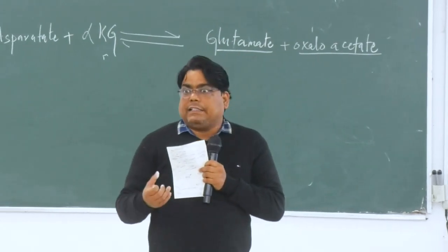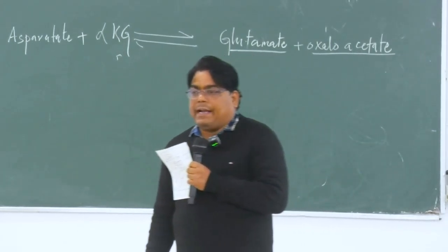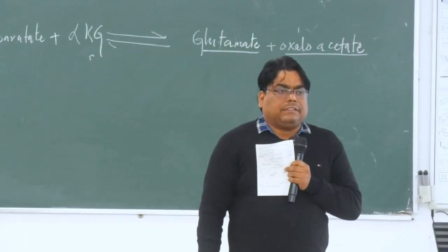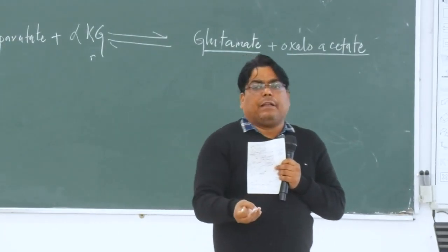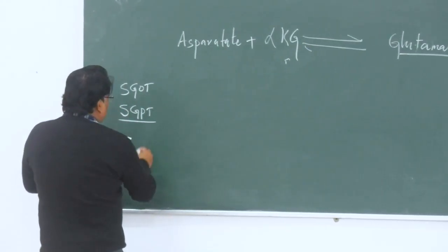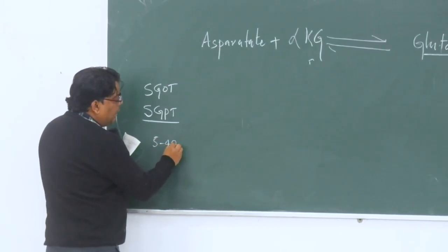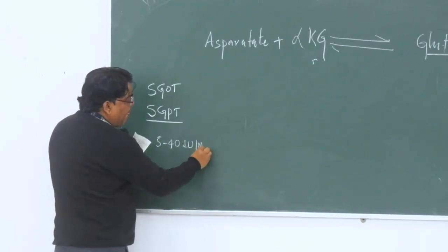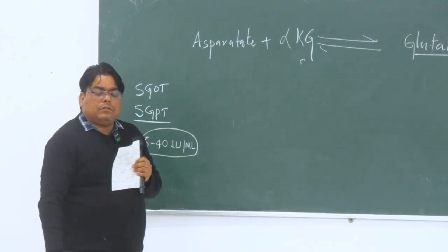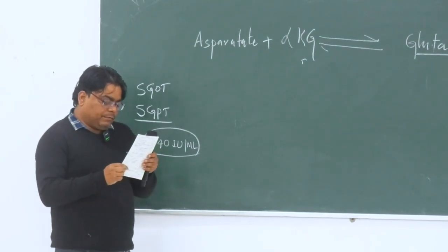These are the most prominent enzymes which we measure in liver disease: viral hepatitis, acute pancreatitis, liver cirrhosis, fatty liver, chronic liver disease, acute liver disease. The normal level of both enzymes is 5 to 40 international units per ml.